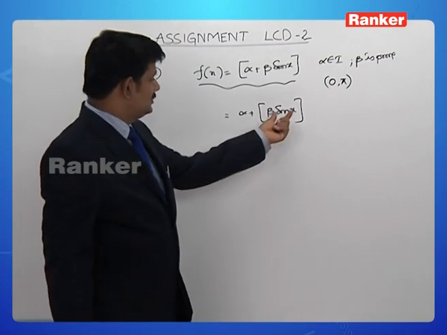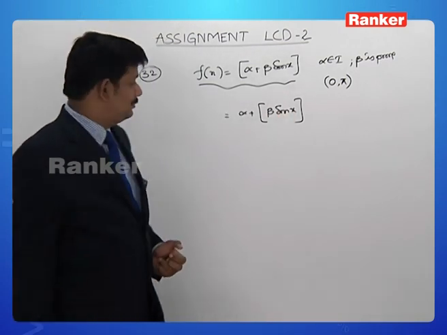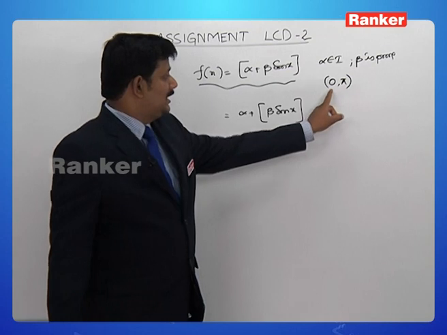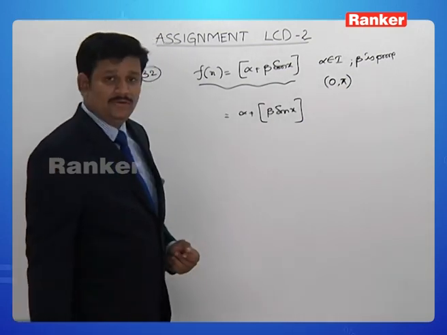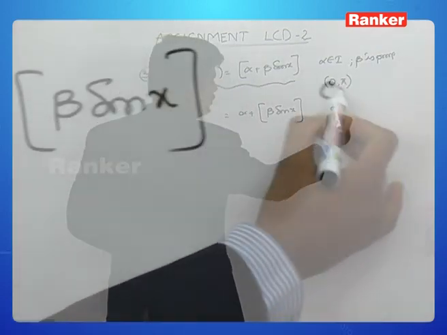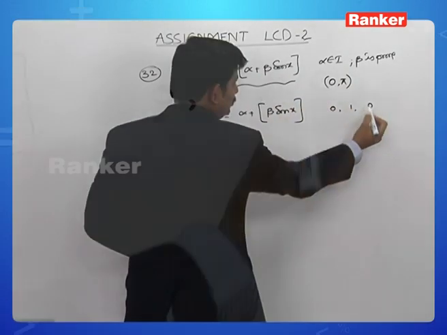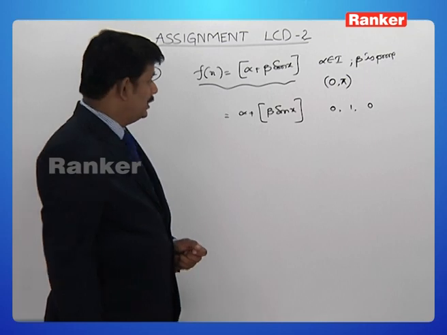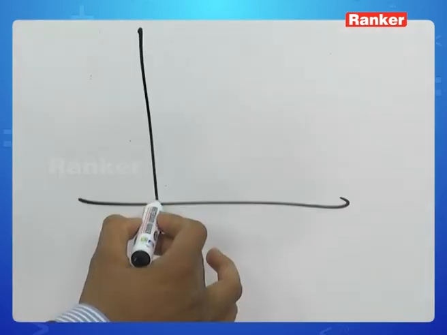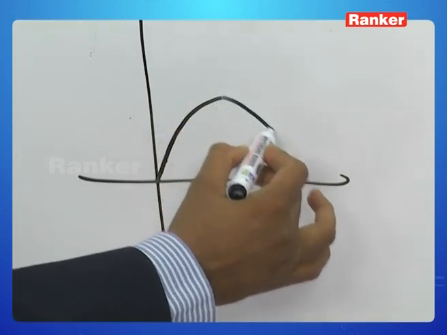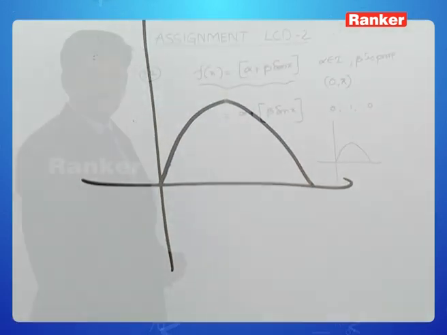We all know sin x is a continuous and differentiable function, and when x varies from 0 to pi, sin x will vary from 0 to 1 and again to 0.